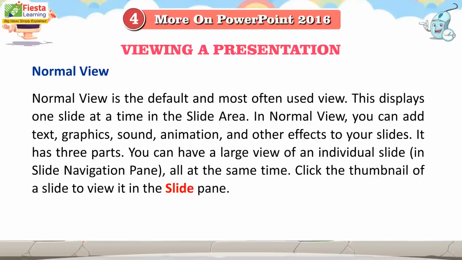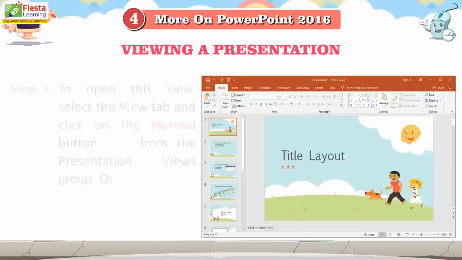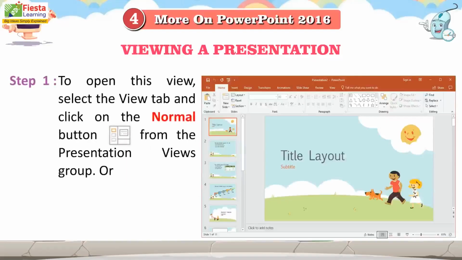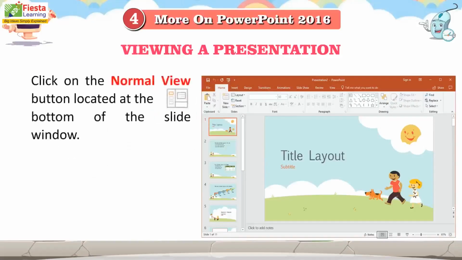In slide navigation pane, all at the same time, click the thumbnail of a slide to view it in the slide pane. Step 1. To open this view, select the View tab and click on the Normal button from the Presentation View groups, or click on the Normal View button located at the bottom of the slide window.